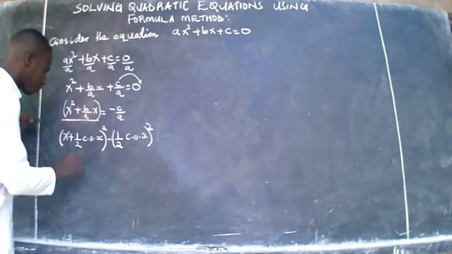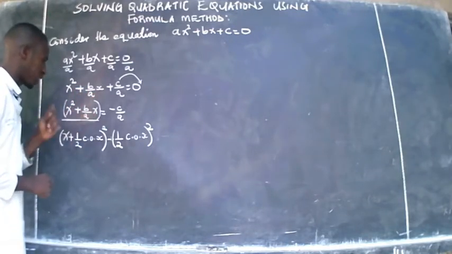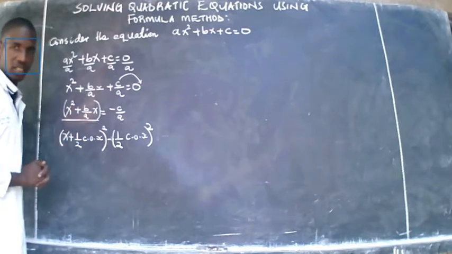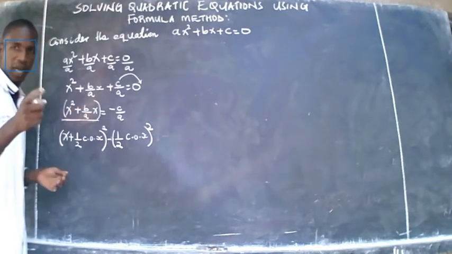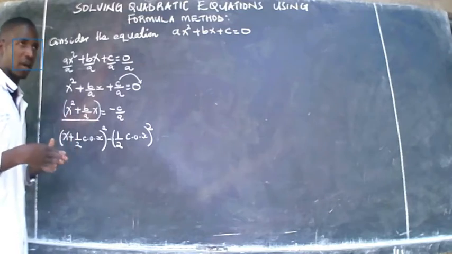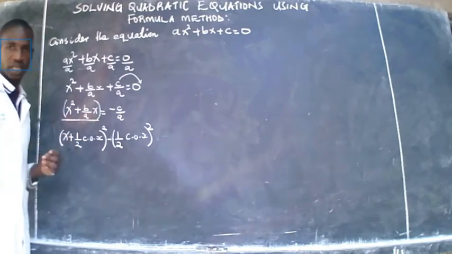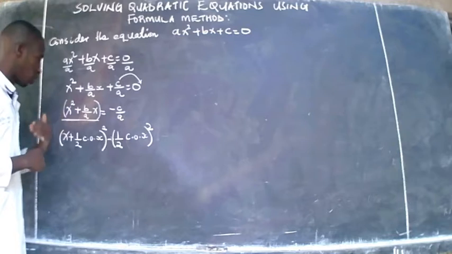The coefficient of x here is b over a. Getting half of it is like multiplying by 1 over 2, so b over a multiplied by 1 over 2 gives b over 2a.